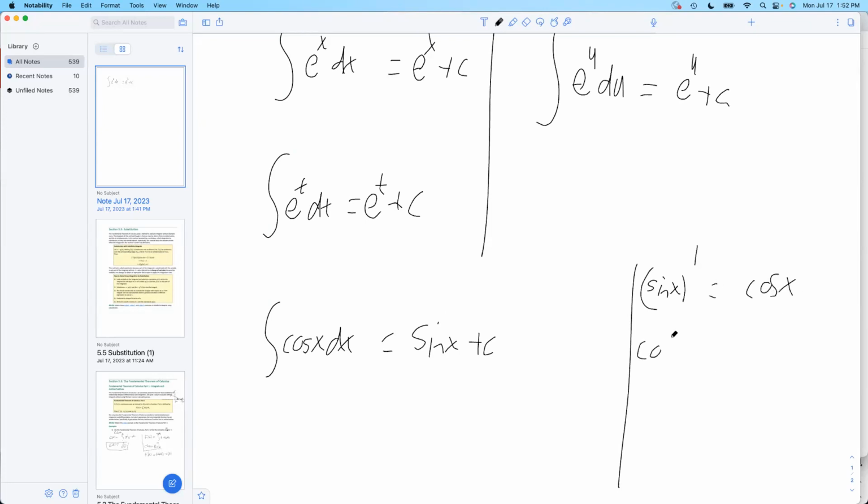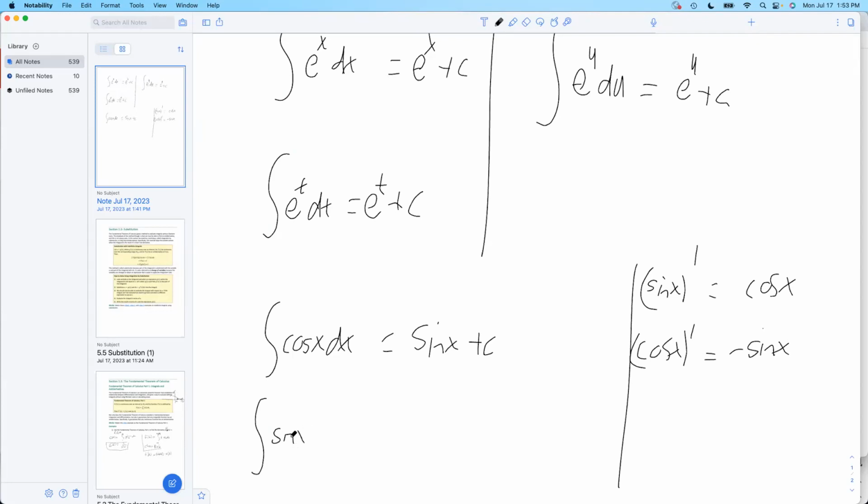The derivative of cosine is negative sine. So we learned those rules months ago. Going backwards, it's really easy to get that negative mixed up. Derivative of sine is positive cosine, so antiderivative of cosine is positive sine.